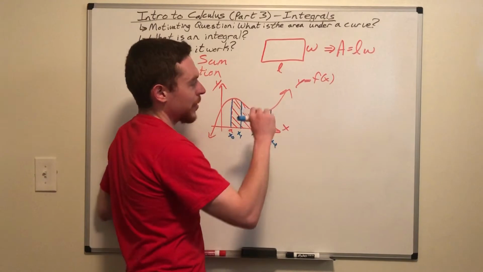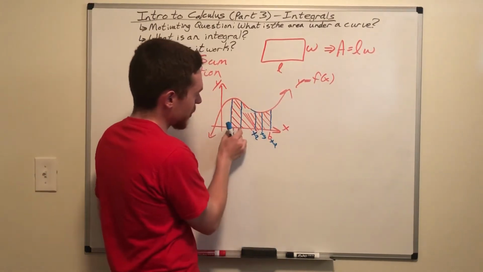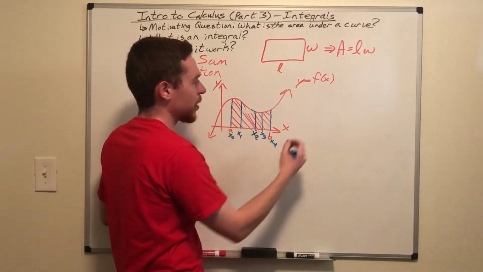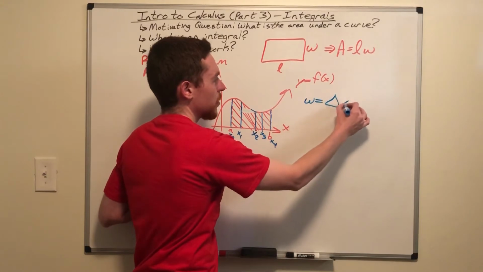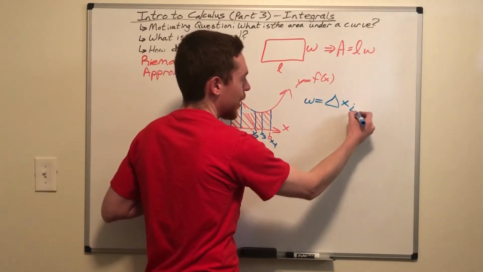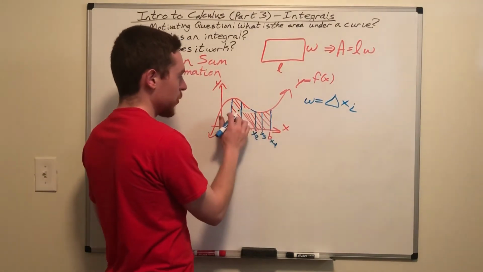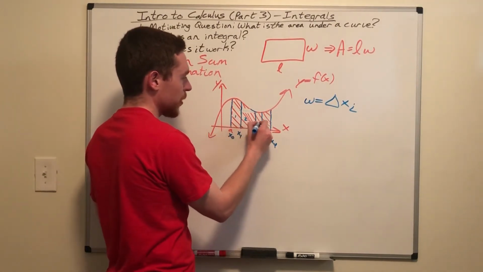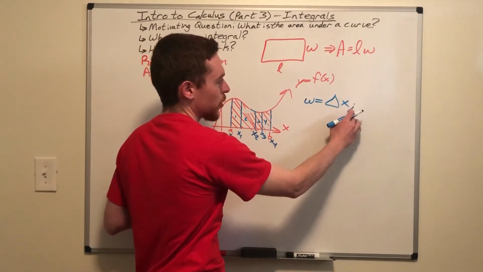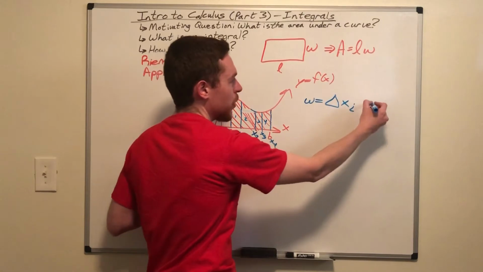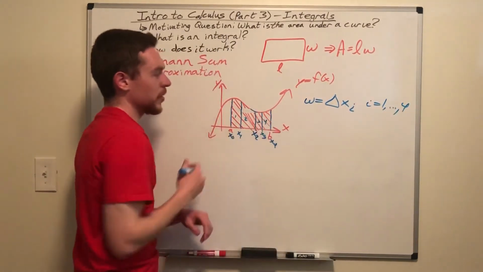And just to go ahead and find the widths, or the lengths, depending on how you arrange it, I'm going to call this the width and this the height of our rectangle. So our width is going to be delta x i, where i is going to be 1, 2, 3, or 4, denoting our first, second, third, or fourth rectangle.